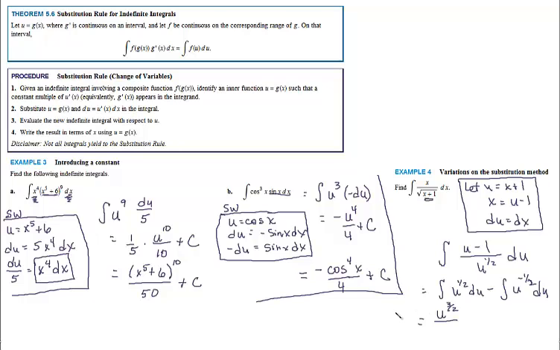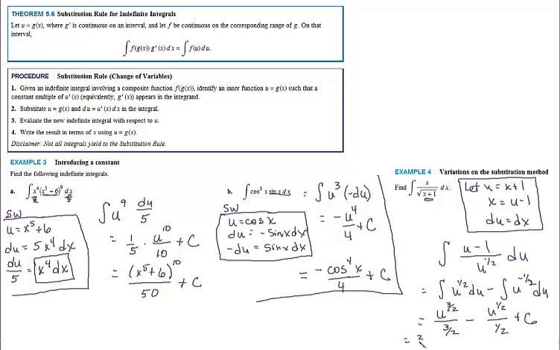and that 3/2 would have come down front, so it actually goes here, which means it actually flips, minus, adding 1 would be u to the 1/2 over 1/2 plus c. Getting my constants and everything straight.